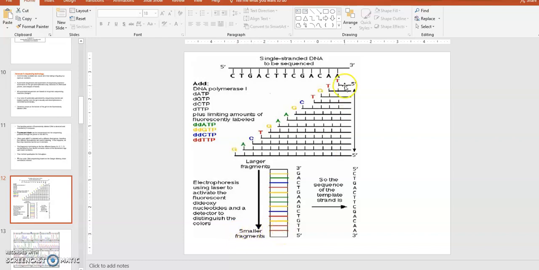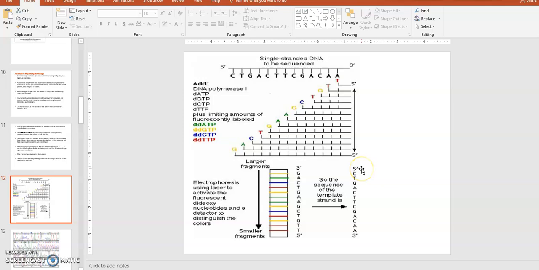Depending on what nucleotide is added, that fluorescent signal will be picked up at the end, and then the machine can read out that this one has maybe T at the end, next one has T, next one is G. Continuously it can read all those sequences.